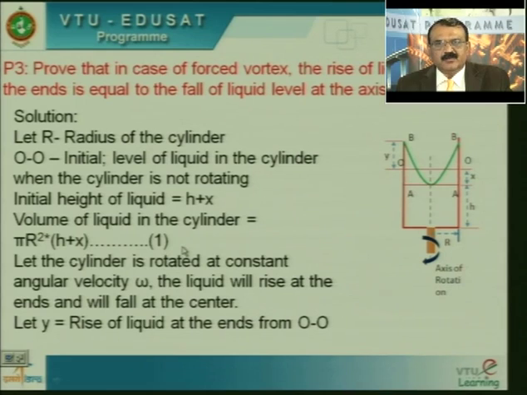Again, OO is the depth of fluid in the cylinder before it starts rotating, and the volume of the fluid is pi r square into h plus x. I call that the first equation.